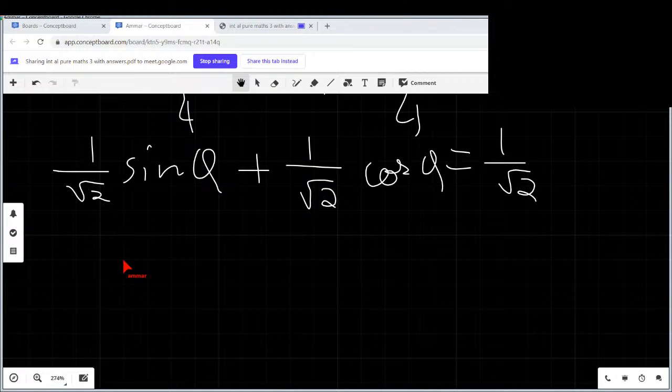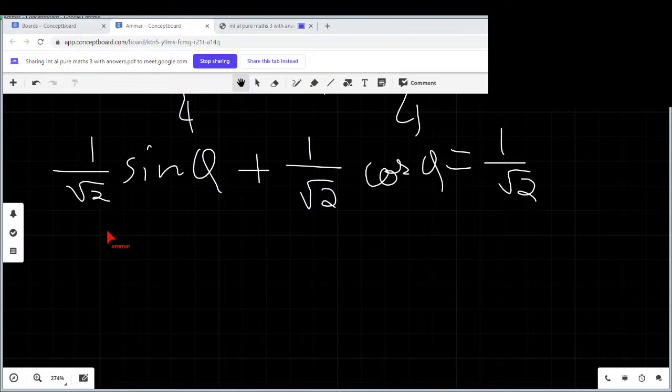Sine theta plus pi by 4 is what? What is theta plus pi by 4 for any value?